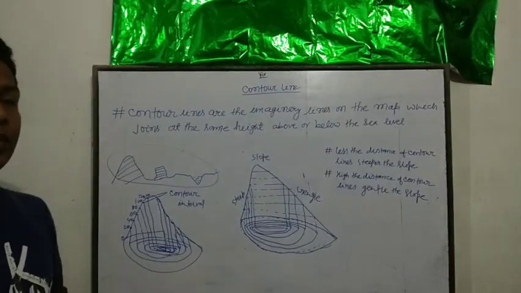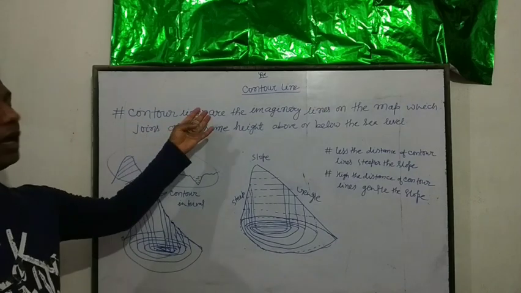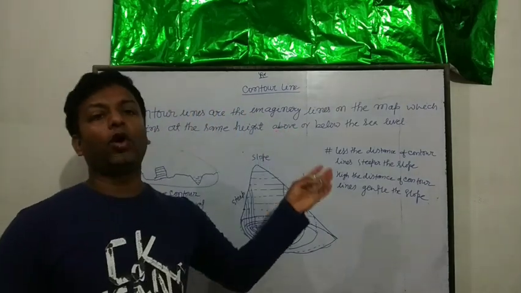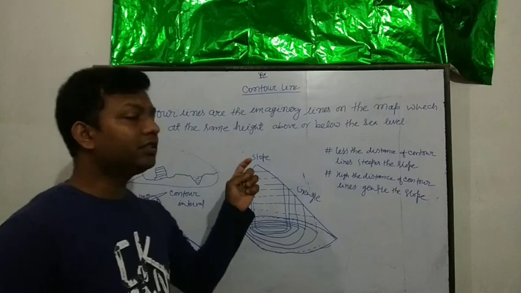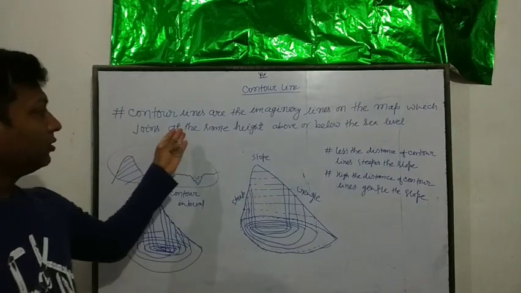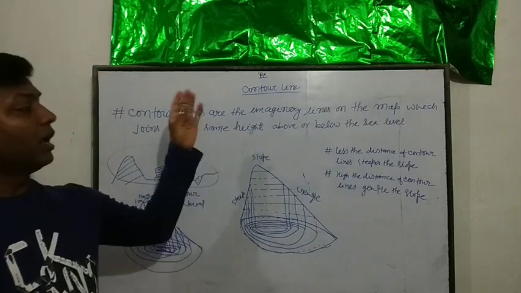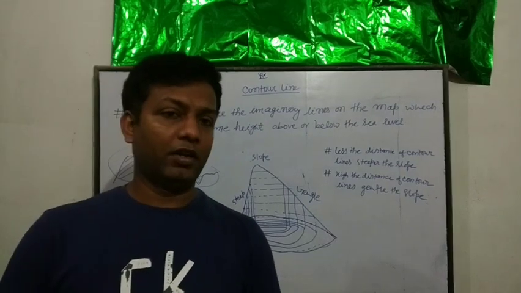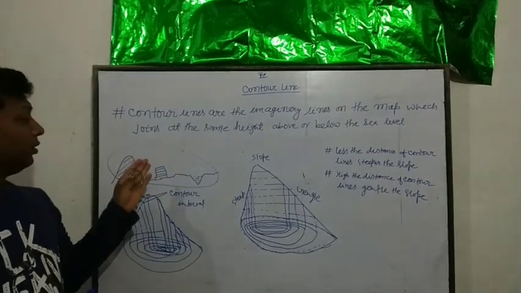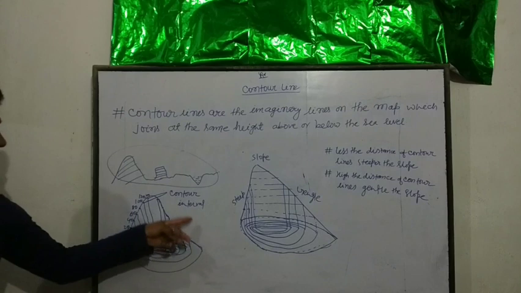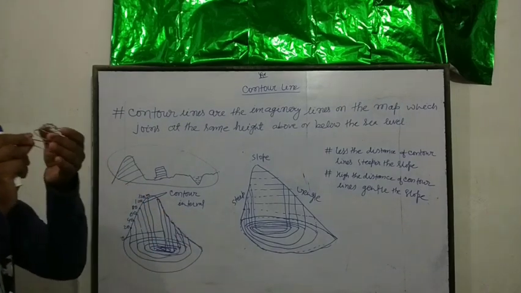So what is a contour line? Contour lines are imaginary lines on the map which join the same height above or below sea level. So here is one contour like this.